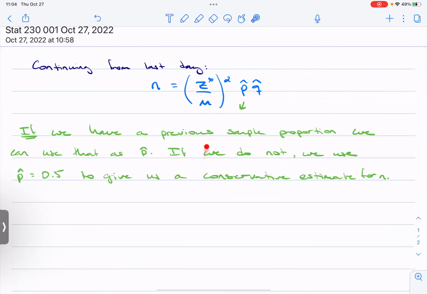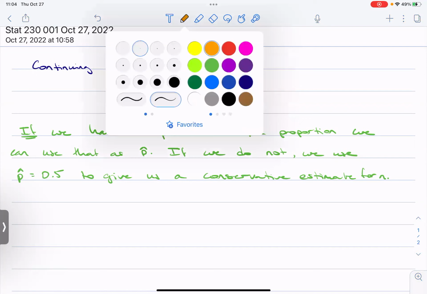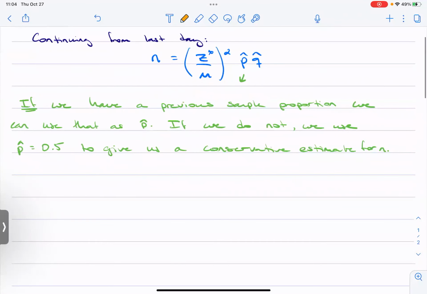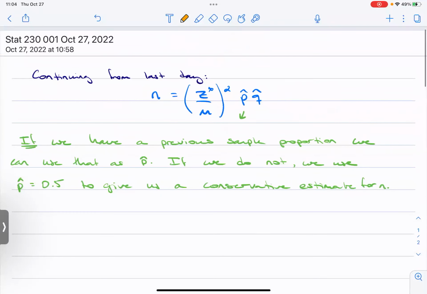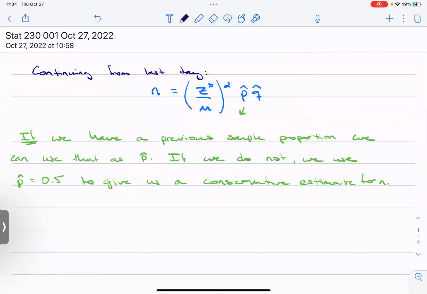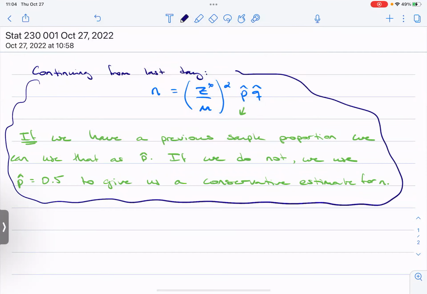Because we have two options for p hat, we usually just denote them in formulas. We use p star instead, just so there's no confusion, although I guess adding notation can be confusing. I should clarify that this here is from last day.